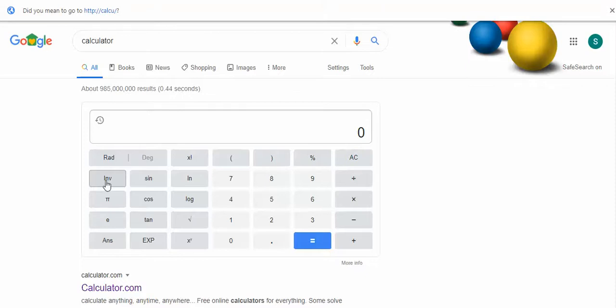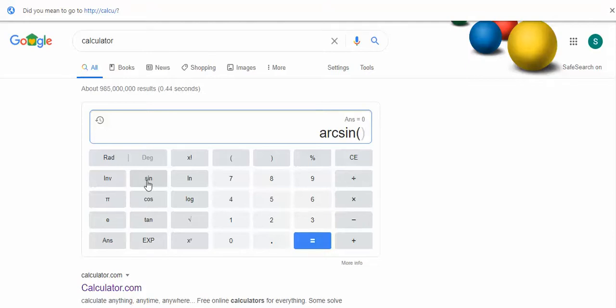So for instance, if we still have that sine of the angle equals 14 over 16, to find the angle, I'm going to hit the inverse button here. I'm going to do sine inverse. Depending on the calculator you're using, you might see it come up as arc sine, arc cosine, or arc tangent. That is the exact same thing as sine inverse. It's just a little bit different notation depending on the calculator you're using.